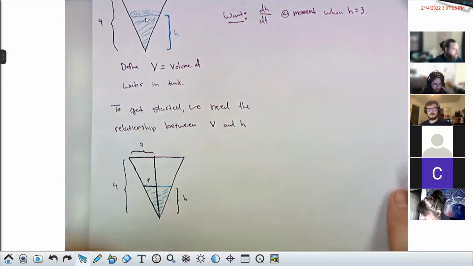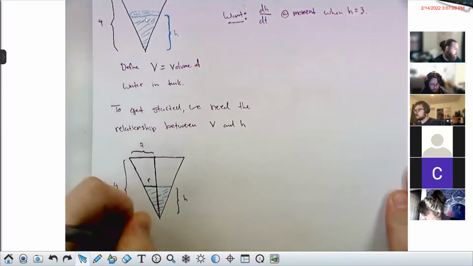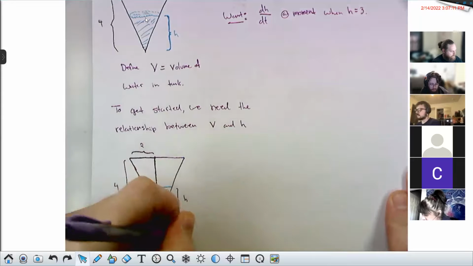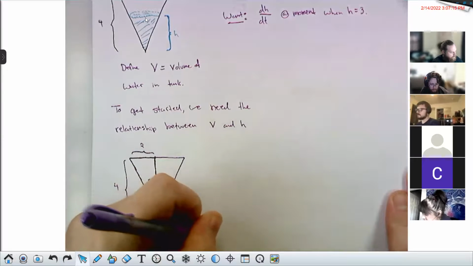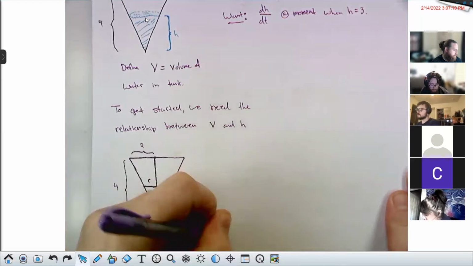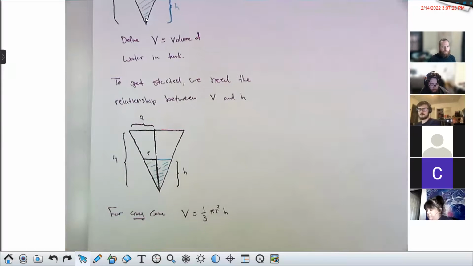So for any cone, the volume is 1/3 times pi r squared times the height. Pi r squared is the area of the circle at the top of the cone, right? So 1/3 of that area times the height is how I remember this. Also works for pyramids. Cross-sectional area at the base times 1/3 times the height.